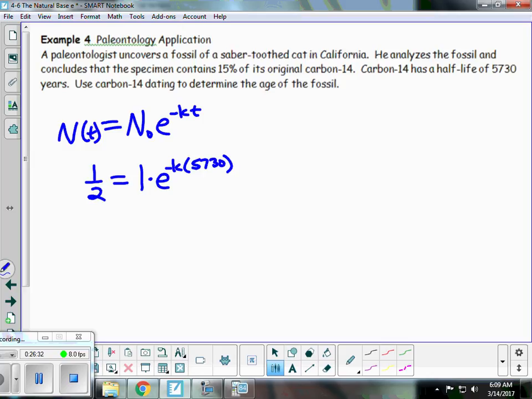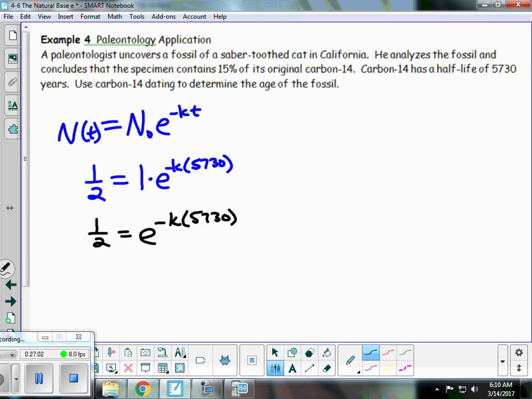You could have plugged any number in here, and whatever you plugged in, it should be half of it. It's just easiest to simplify it to the most basic one, which is 1 and 1/2. So now let's calculate. That 1 times doesn't really play a part, so we can ignore that. That's negative K times 5730.